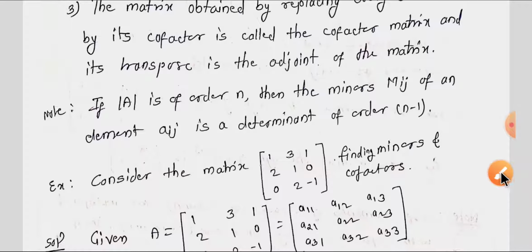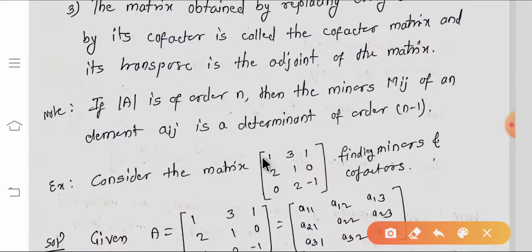Neglecting that row and that column, the remaining determinant is of order 2. So if the determinant of A is of order n, then the minor Mij of an element Aij is a determinant of order n minus 1. Hence the proof, and this is the explanation, note that.